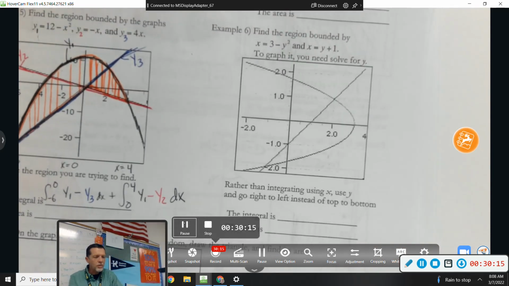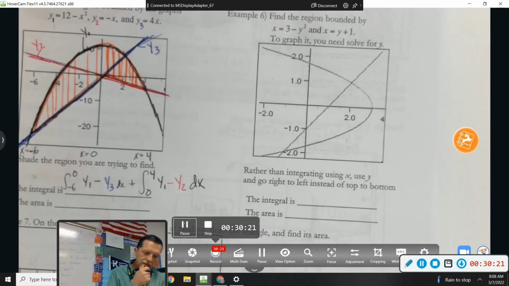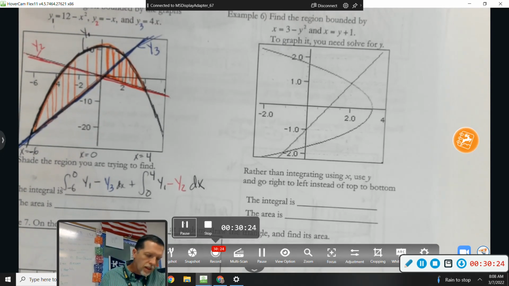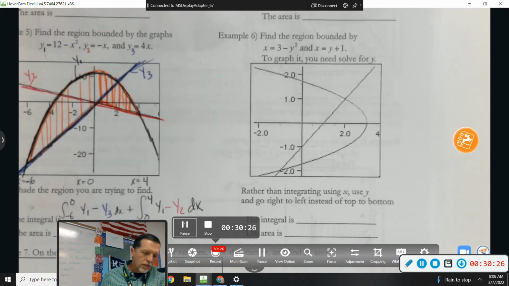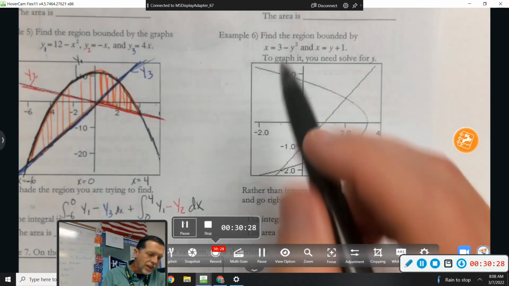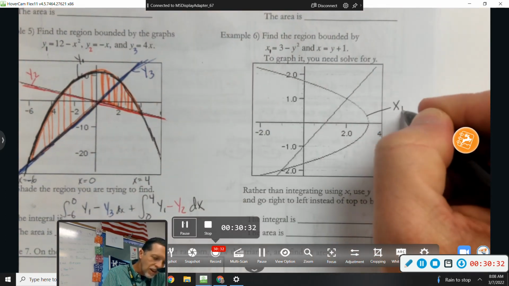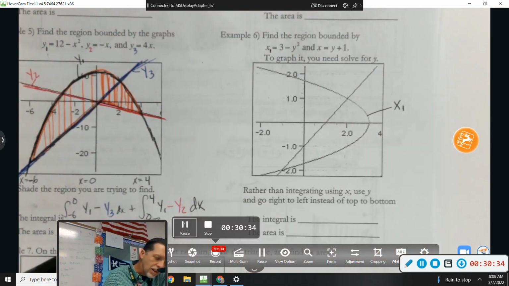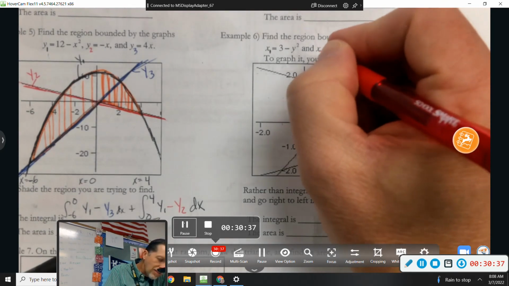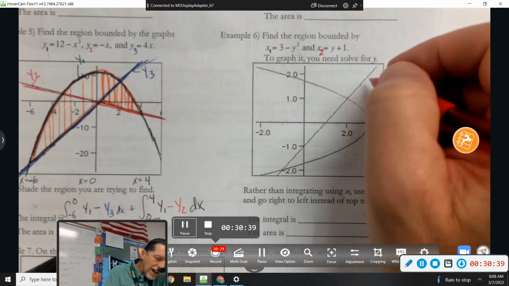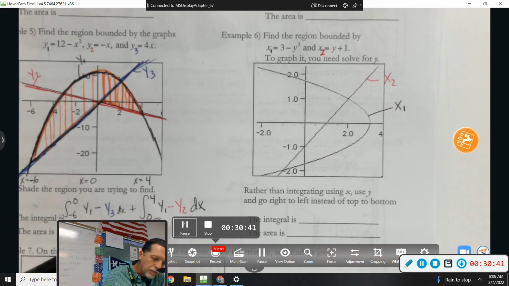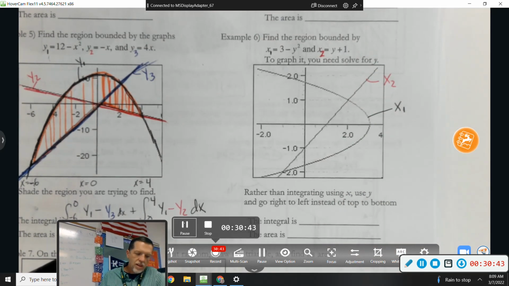So this is different. X equals and y equals. Even though I don't usually graph this way, one of them's got a cube in it, so a squared in it, so I'm pretty sure this is x1. And even though it's out of whack, the line would be x2. Now, it kind of gives you a hint here.